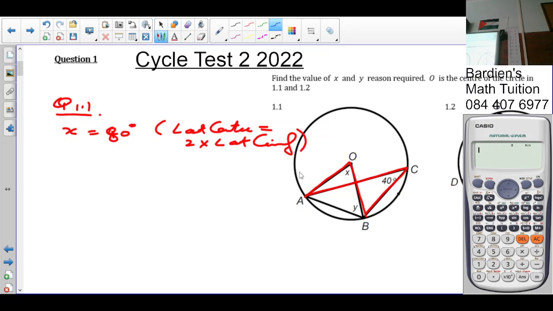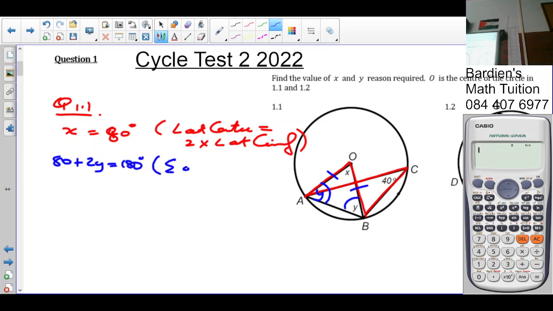Then the next variable, which is y. That is y and that is y as well. Why? Angles opposite equal sides, radii. So you write x, which is 80, plus 2y equals 180. Why?